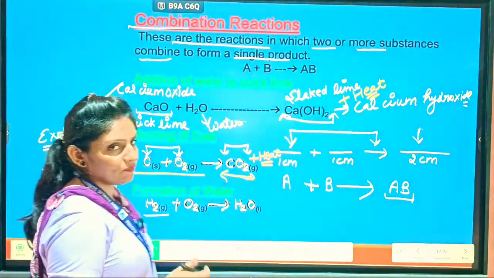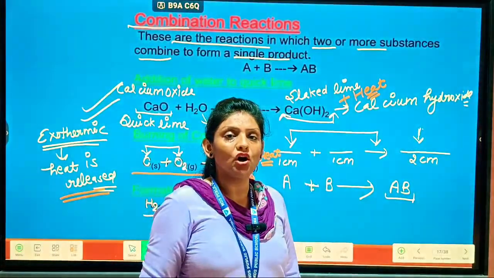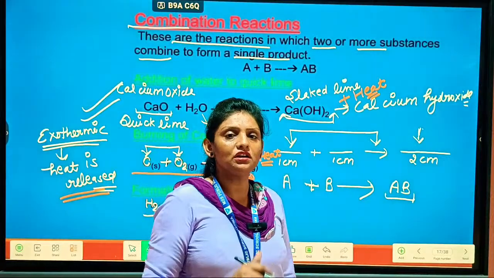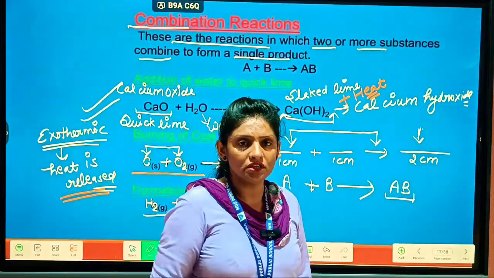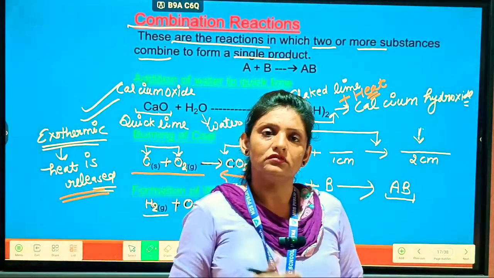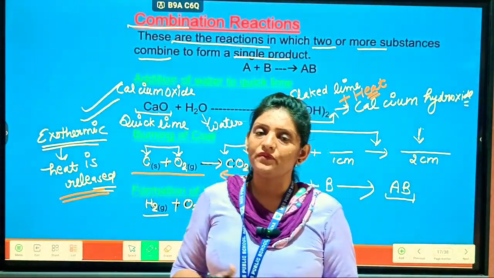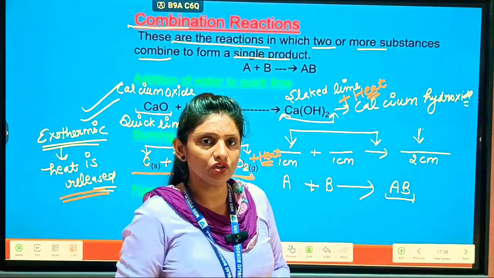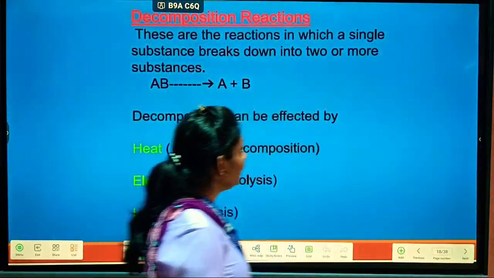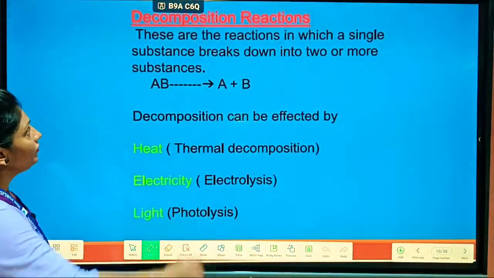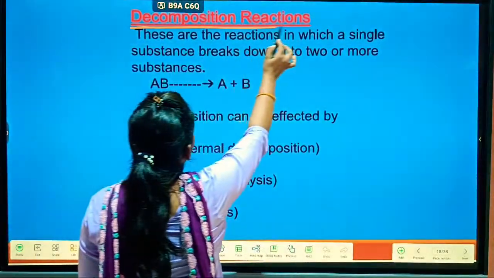So maximum, we can say not all, I am saying almost all combination reactions are exothermic reactions. During combination reactions, in almost all reactions, heat is released. Clear or not? Yes.